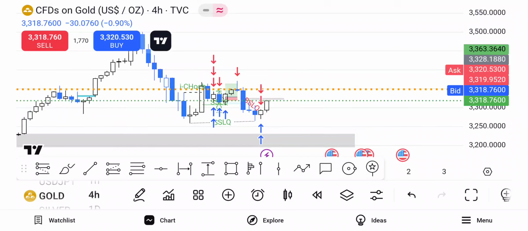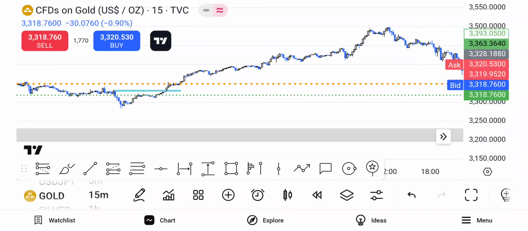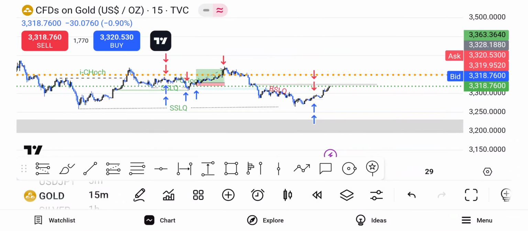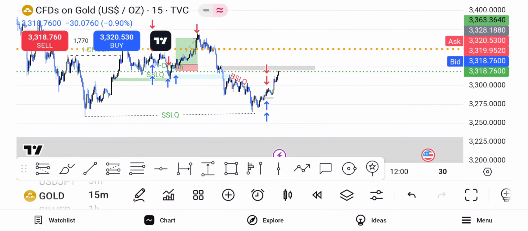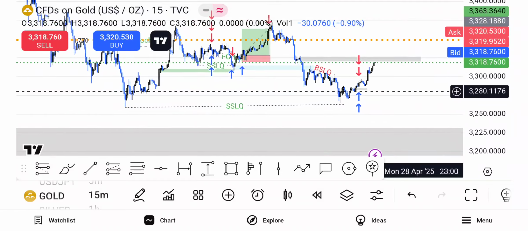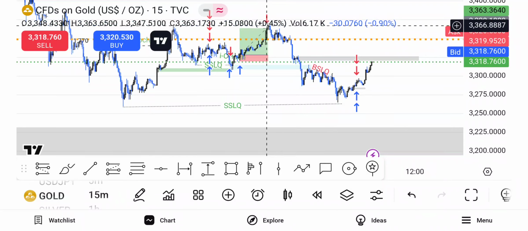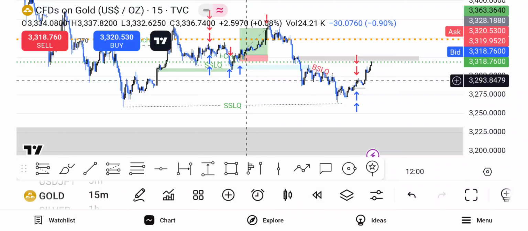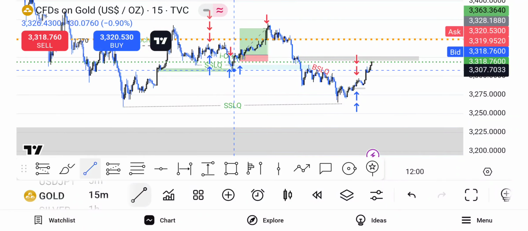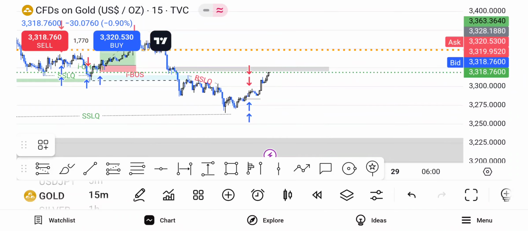So here you can see, if I go on a lower time frame, the pullback is looking almost like a trend, but you can see this supply zone that caused this internal breakup structure right above here, bearish high boss, this supply zone.